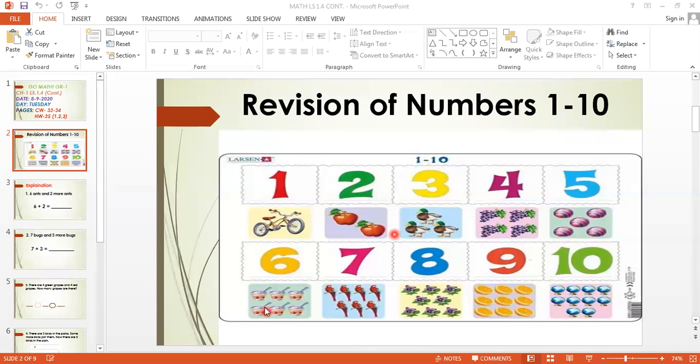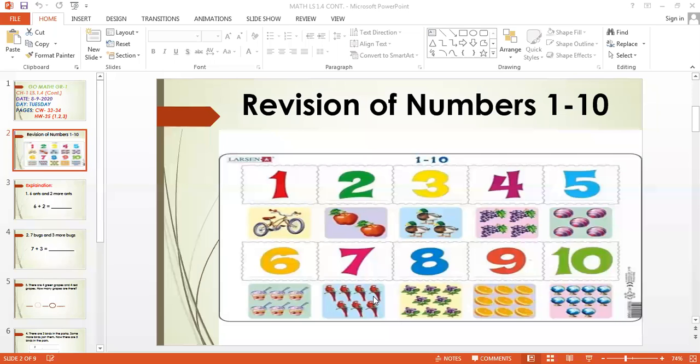Now, how many ice creams do you have here? Let's count. 1, 2, 3, 4, 5, 6. You have 6. Now, how many parrots here? 1, 2, 3, 4, 5, 6, 7. So you have here 7.